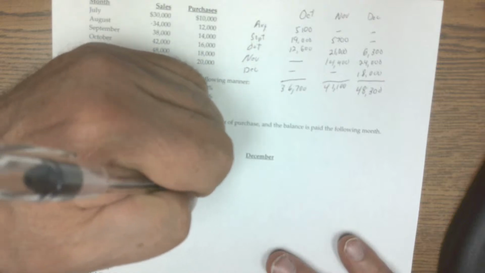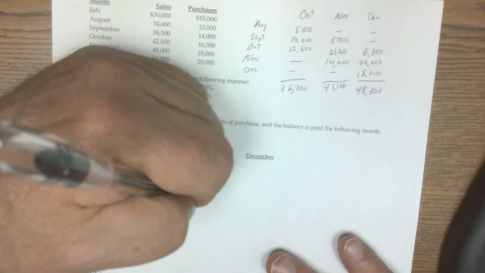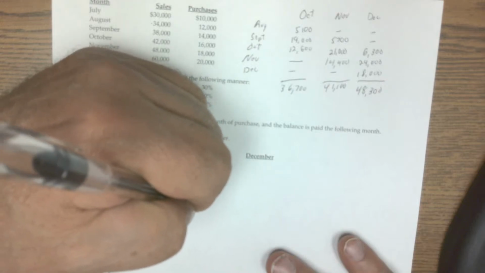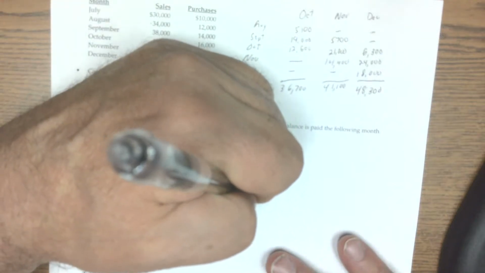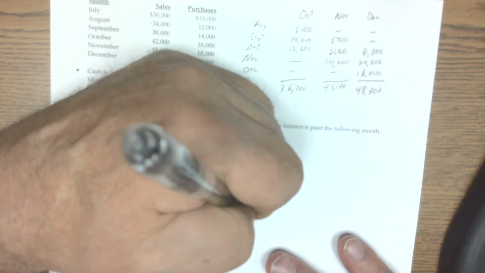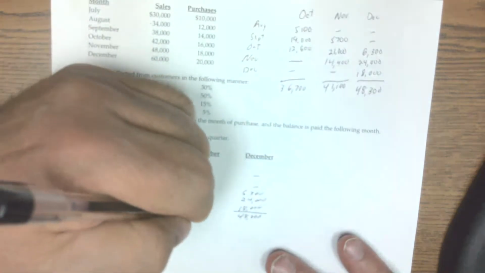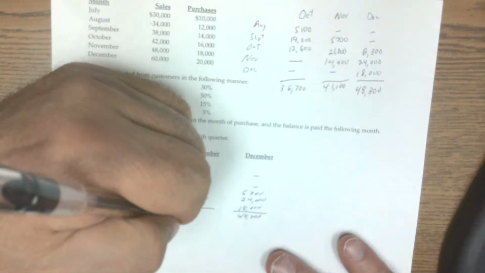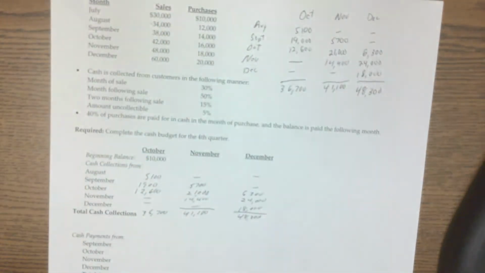We have 5,700, 21,000, 14,400, and nothing. In December, we've got that and that. 6,300, 24,000, 18,000, 48,300, and 41,100. All right.